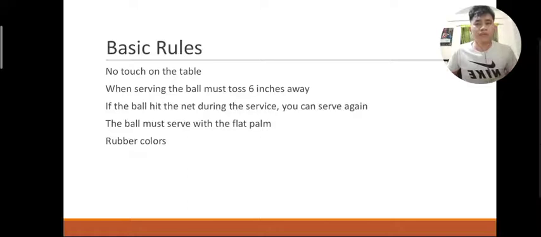The fourth one is the ball must be served with a flat palm, meaning you are carrying the ball, and the ball is in your palm, so that your opponent can clearly see it. And for the rubber colors, there are only 2 rubber colors, black and red, to avoid distraction and confusion.